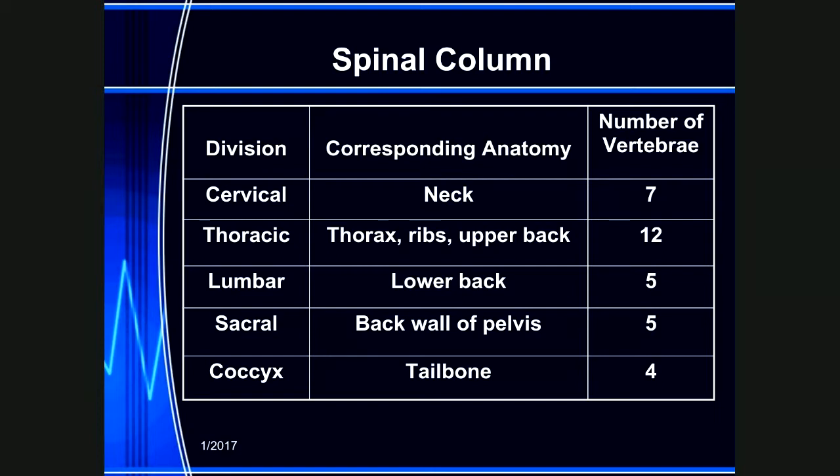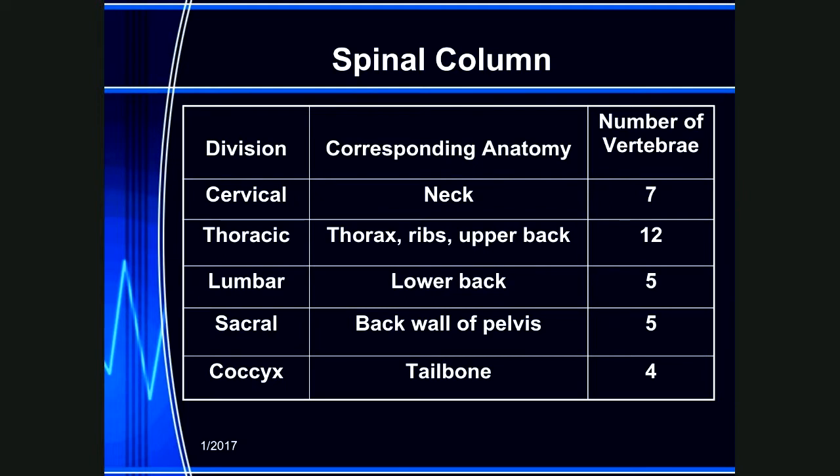Now, one of the ways to remember how many vertebrae are where, and this is one of those things that if you need this to remember it for testing purposes, more power to you, good deal. If you don't want to use it, just remember that you have 7 cervical, 12 thoracic, 5 lumbar, 5 sacral, and 4 coccyx.